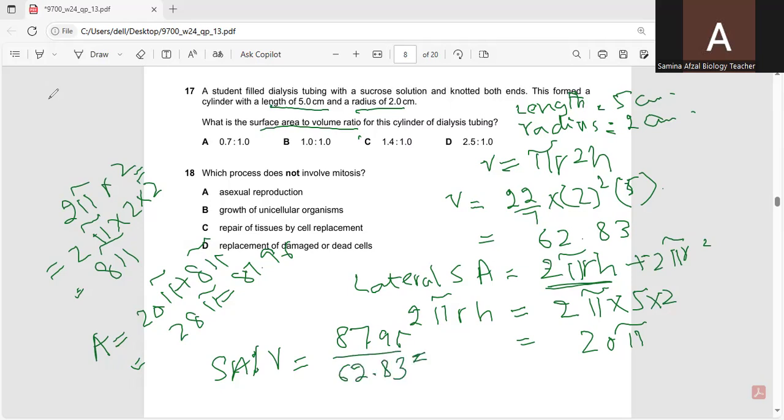So it will be nearly equal to 1.4 is to 1.